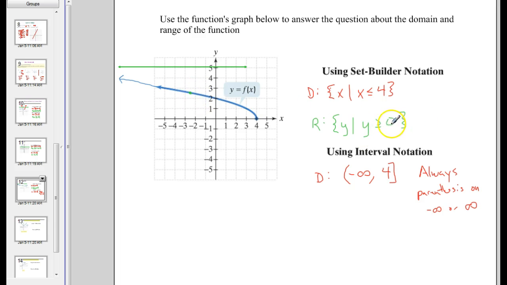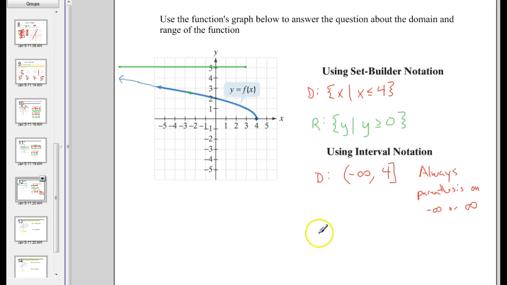Any y coordinate bigger than 0 is eventually going to be a part of this graph. Eventually we're going to get up to like 100 for the y's. It's going to be way off screen, but eventually we are going to have that y coordinate. So all the y values bigger than or equal to 0 are on this graph. That's what we're saying here.